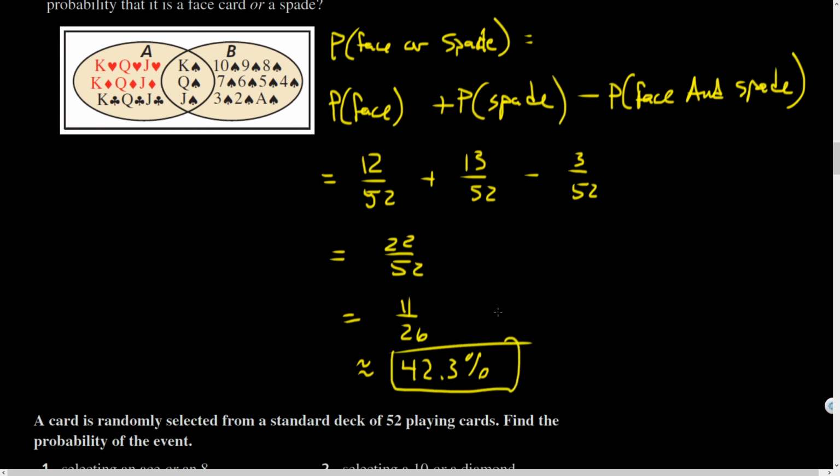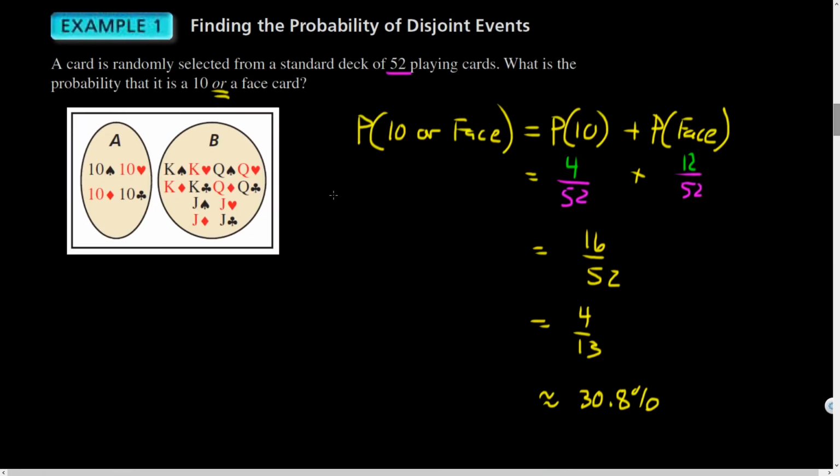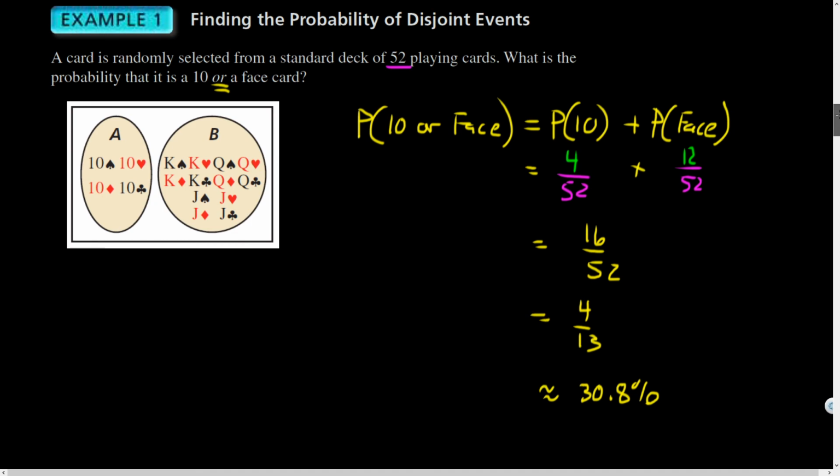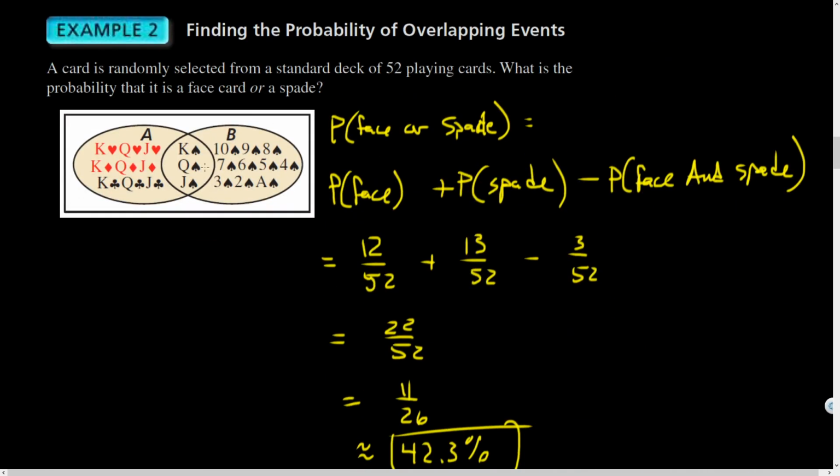If I didn't subtract this little bit, I would have overestimated, and I would have said 25/52, and so I'd be wrong. And so the only distinction between these two problems was this one had no overlap between the events, and this one did have overlap.